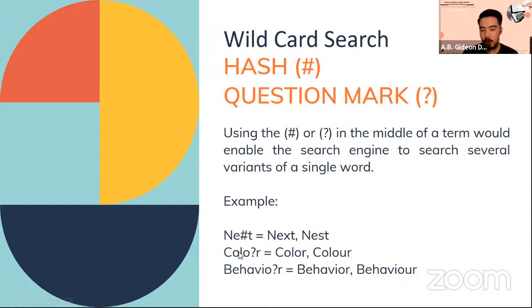The search engine would automatically retrieve resources with color having the U variation, right? Or using the hash, the search engine would supply the letter itself for your search. So it would do the searching for you using that missing letter or element, right?